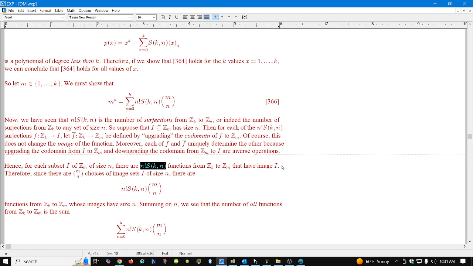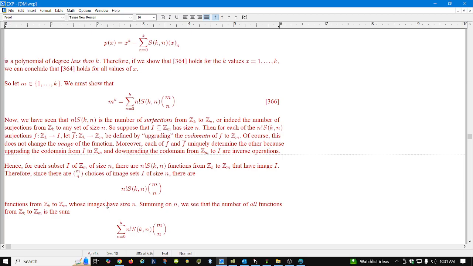So there are this many, I've now multiplied by m choose n, functions from Zk to Zm whose images have size n.